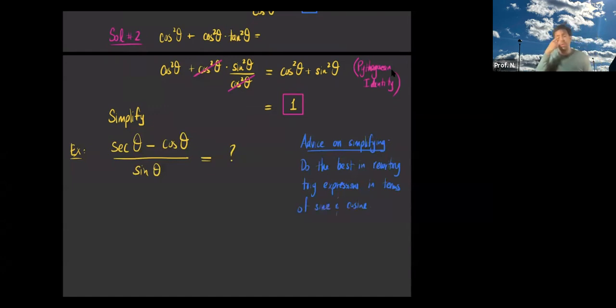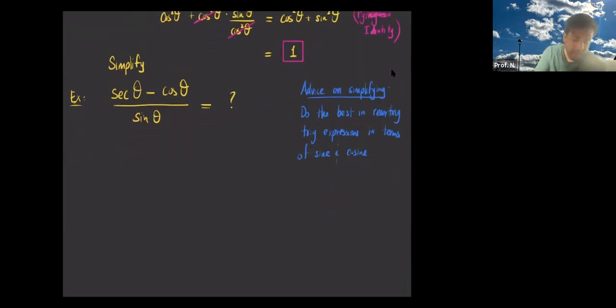You're not always able to do this, but if you can, try it. Try to always rewrite expressions that you see in terms of sine and cosine because it just simplifies the expression a bit and it actually shows you what you could or could not do.